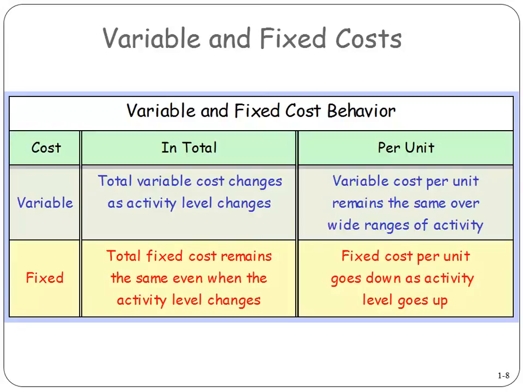The cost per unit stays the same. It's always $5 per unit. Fixed costs, on the other hand, no matter how many you sell within a relevant range, and we'll talk about that in a moment, the cost is the same. So the fixed cost per unit goes down as you have more activity.